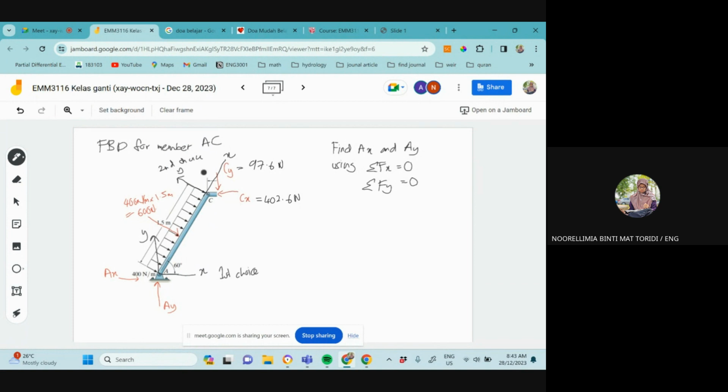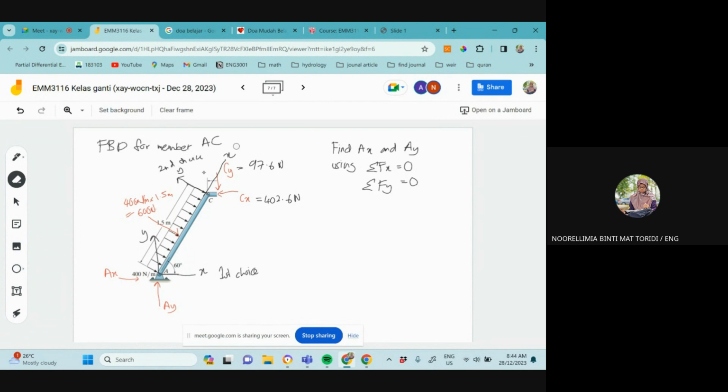Kalau we use first choice, we only have to break satu je yang senget, which is 600 Newton. But if you choose the second choice of axis, then you have to break Cy, Cx, Ax and Ay. So choose axis yang you have to do less work. Macam ni orang kata smart work.